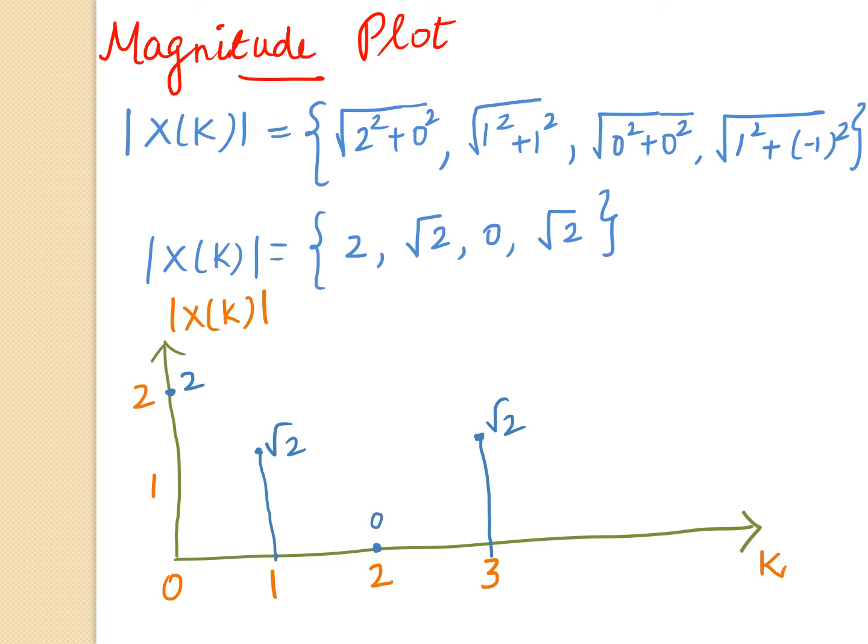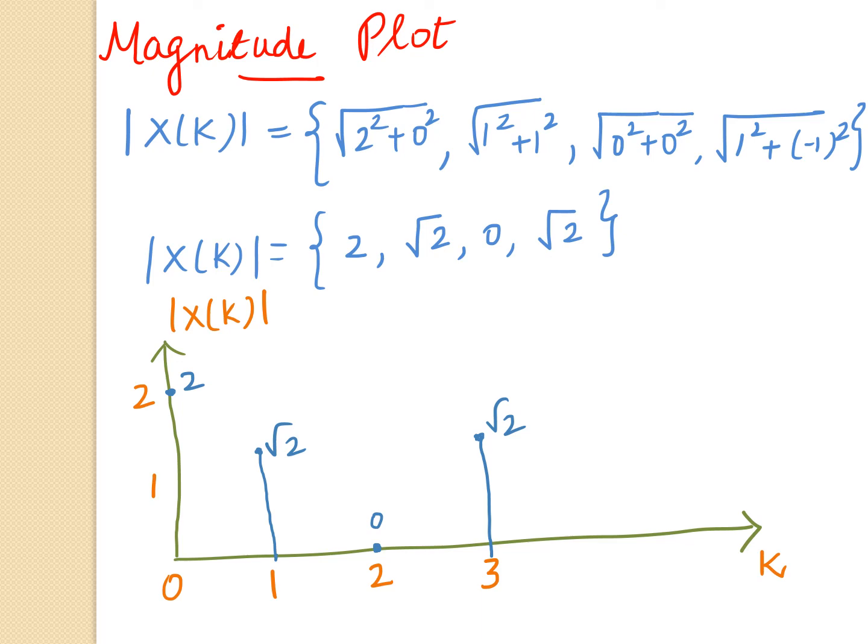Checking the values of k on the x-axis and the modulus of X of k on the y-axis, we can plot. The value of k is ranging from 0 to N minus 1, that is 0 to 3, and for modulus of X of k, the maximum value is 2. So divide the scale as such for the y-axis and x-axis respectively.